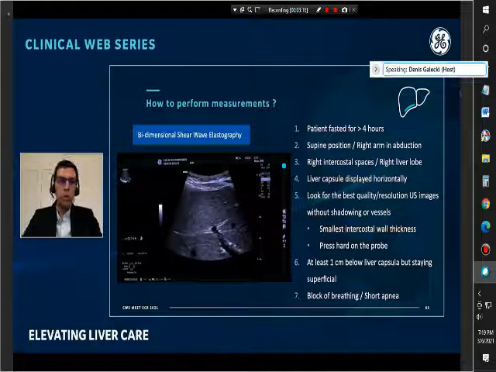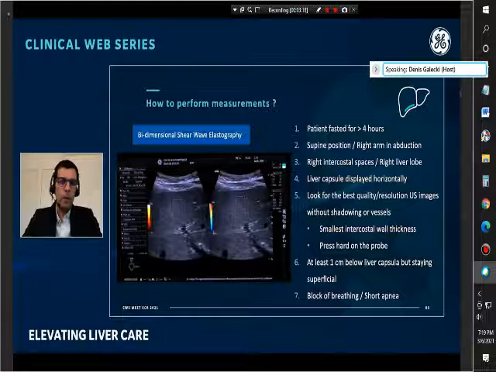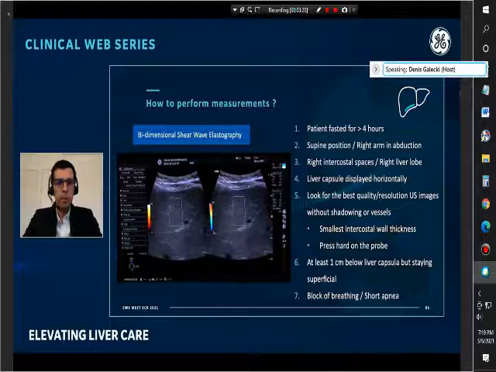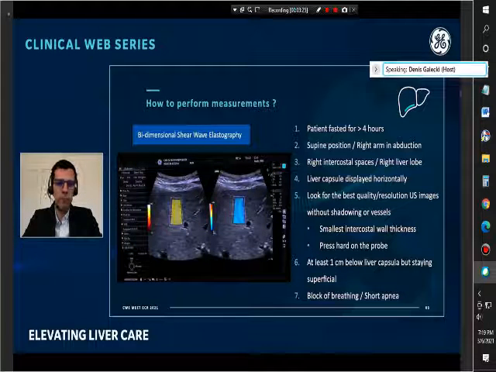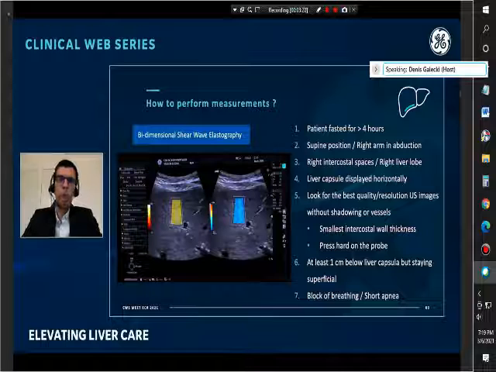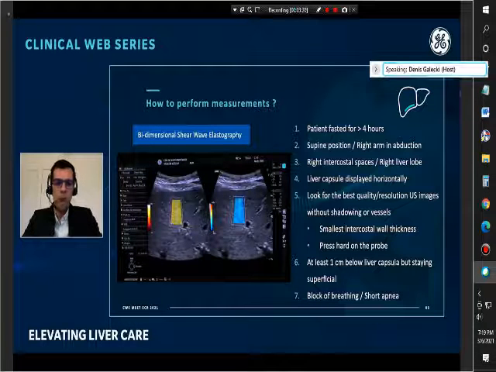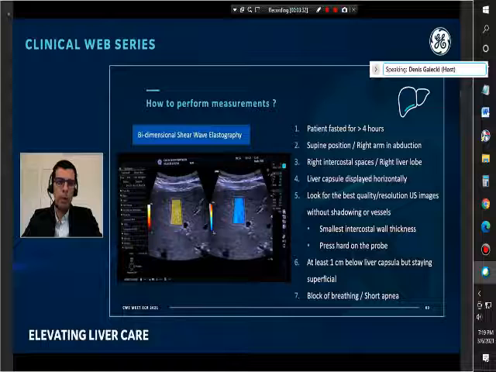For the positioning of the ROI, it's at least 1 centimeter below the liver capsula, but staying superficial in order to get more reproducibility. And you will perform your measurement by block of breathing or during short apnea.